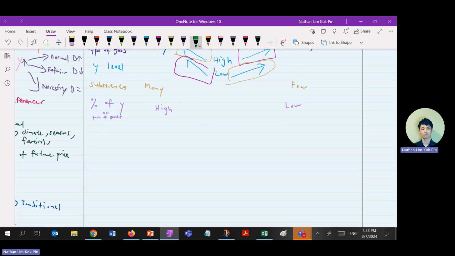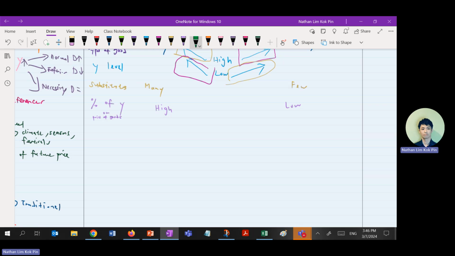For example, Bitcoin. Is Bitcoin high percentage of income or low percentage of income? One Bitcoin is how much now? Around 290,000 ringgit. 290,000 to you is high income or low income now?